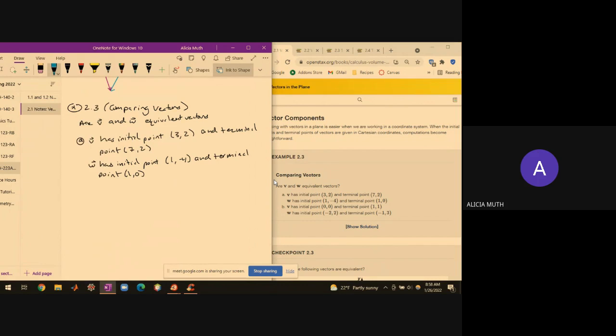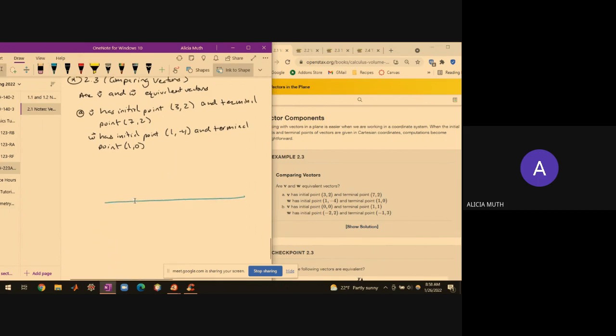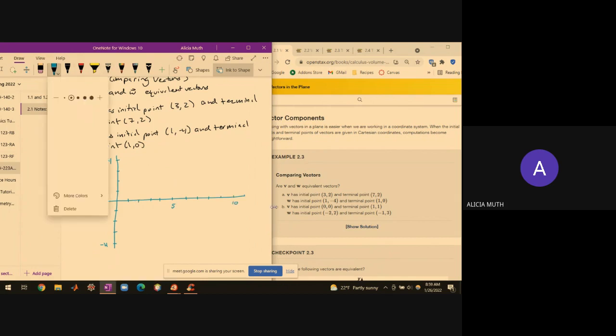We do have this negative y value here, so I'll set up the axes and count out the units. All right, so I'll sketch them all in different colors.